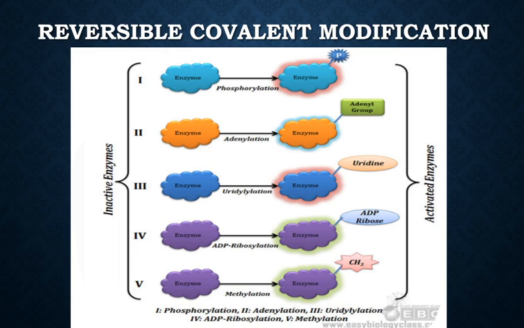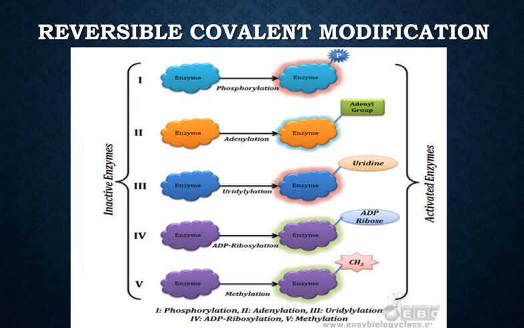In ADP ribosylation, you can see the addition of ADP ribose to arginine, glycine, or cysteine residues. There are also methylation and other modifications, which are also called covalent modification.